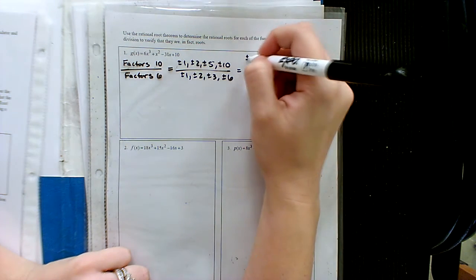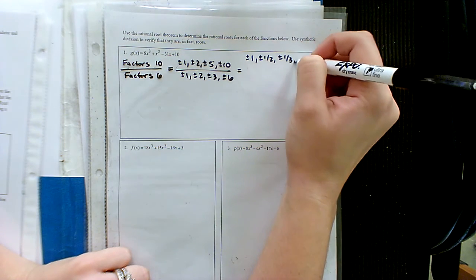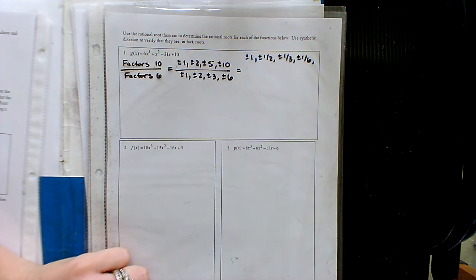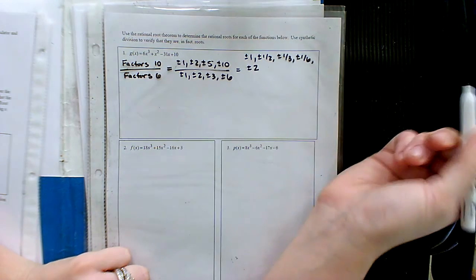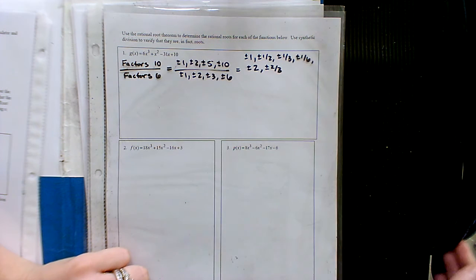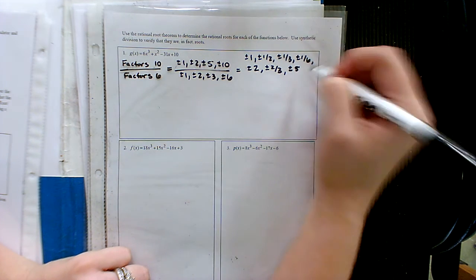Let's find our possibilities. 1 divided by 1, 1 divided by 2, 1 divided by 3, 1 divided by 6. Move it on to 2. We'll have 2 and 2/3. 2 divided by 2 and 2 divided by 6 are already listed. Move it on to 5.